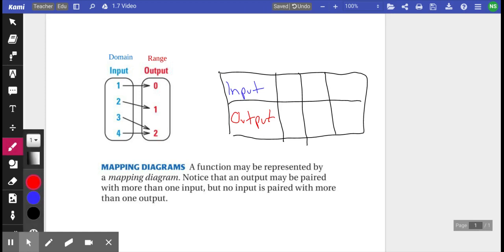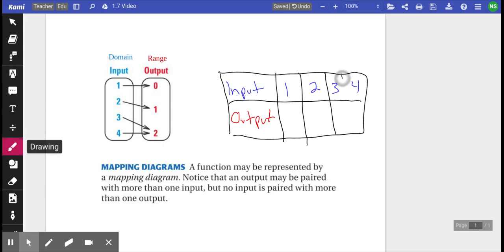So let's look at our input numbers. We have 1, 2, 3, and 4. Now we can look at our output values.